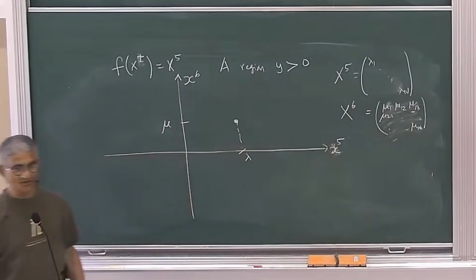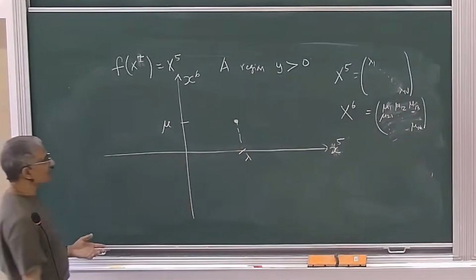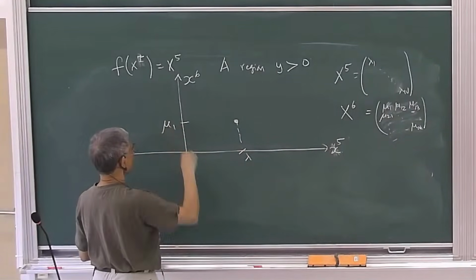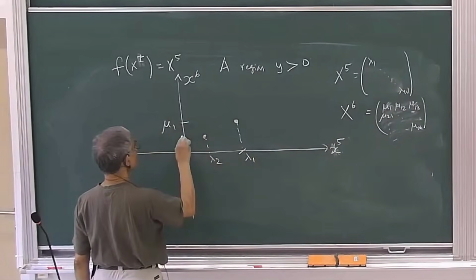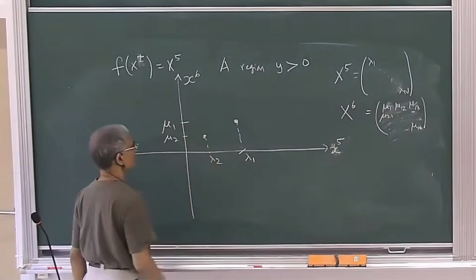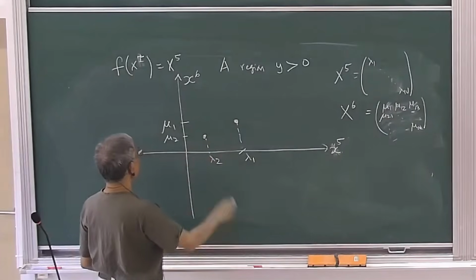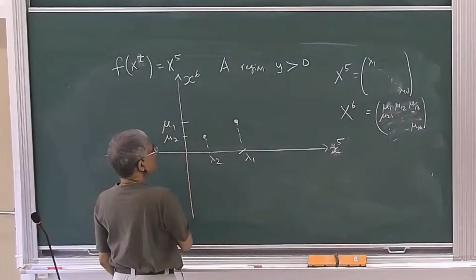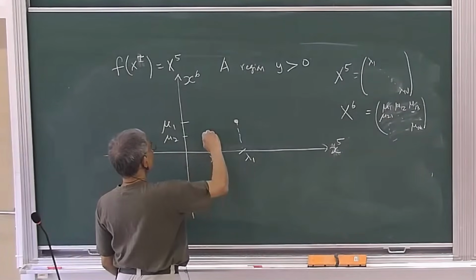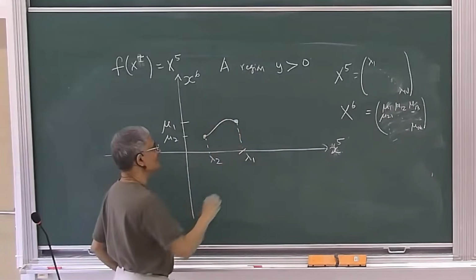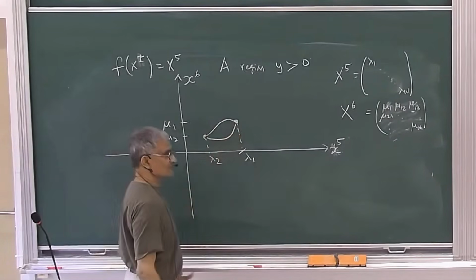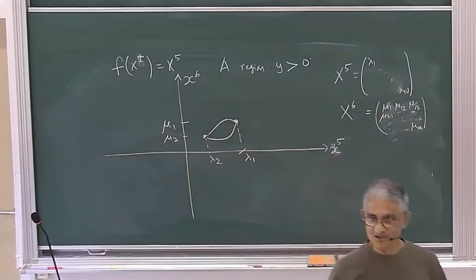And now we'll see where this picture is coming from. I'm going to draw this as mu1. This is lambda 1. So lambda 2, that is mu2. It's like a picture. And then I'm going to draw mu1 2 as an open string which goes like this, and mu2 1 is an open string which goes like this.